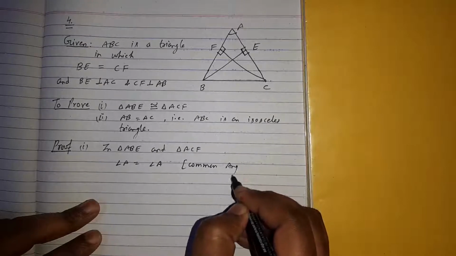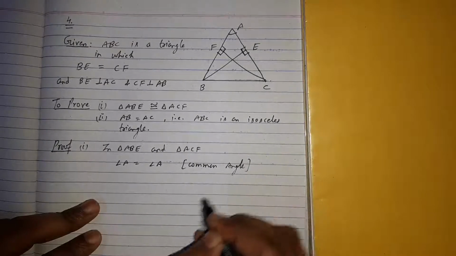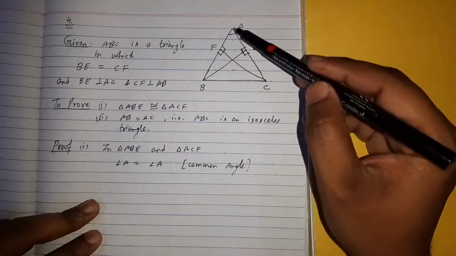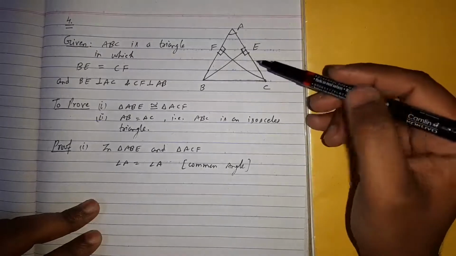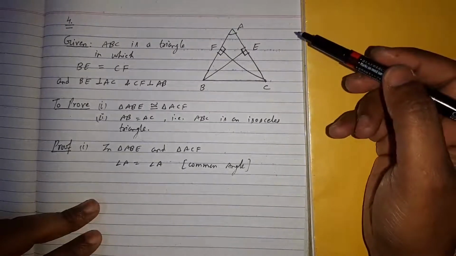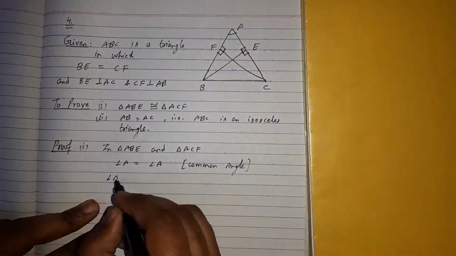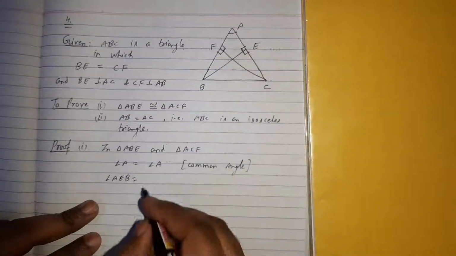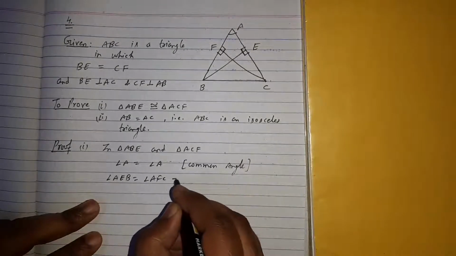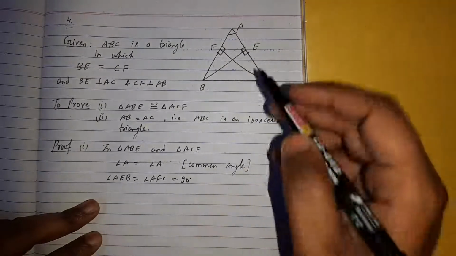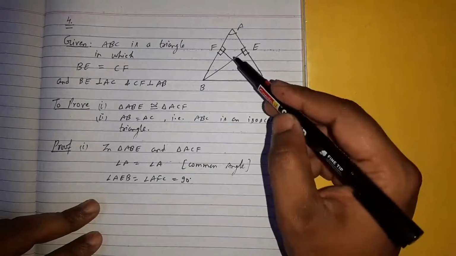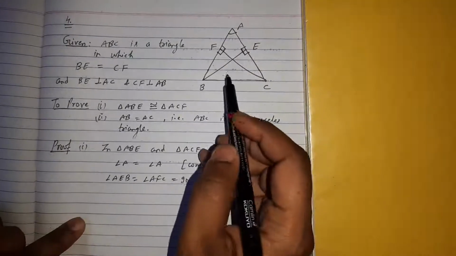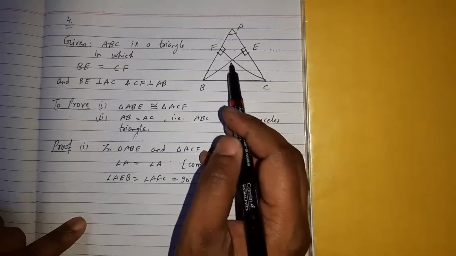Angle AEB is equal to angle AFC is equal to 90 degrees because BE and CF are altitudes, and the side BE is equal to CF, given.